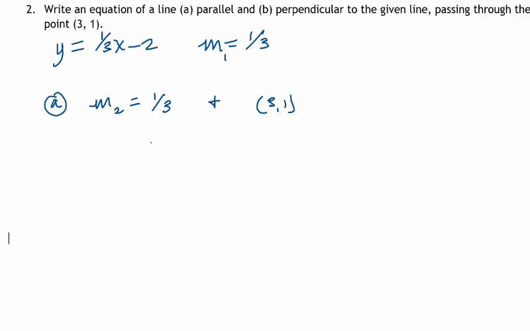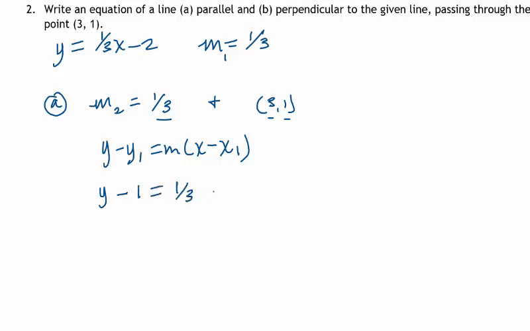At this point, I'm going to use point-slope form, which is y minus y1 equals m times x minus x1, and just substitute these three values in the appropriate place. So y minus 1 is equal to 1/3 times the quantity x minus 3. This is a valid equation of the line, but typically we want to write the final equation in slope-intercept form.